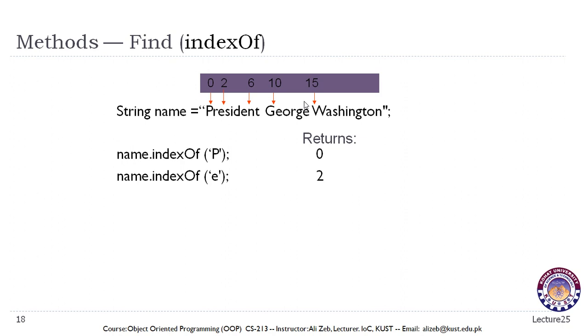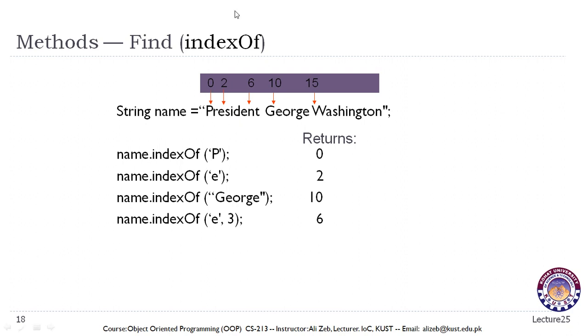So the index of E should be 2. The index of George, the complete string George, is equal to 10. The index of E starting at position 3. So you can also pass a starting point from where you want to count and return the position of a certain character.